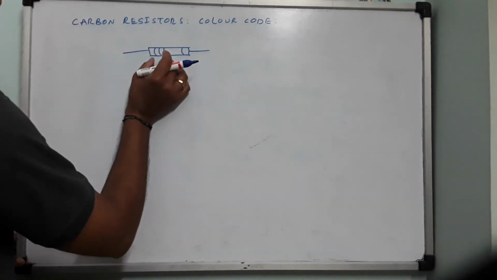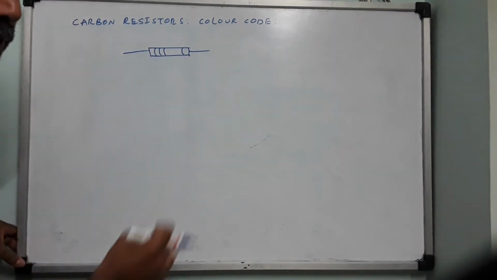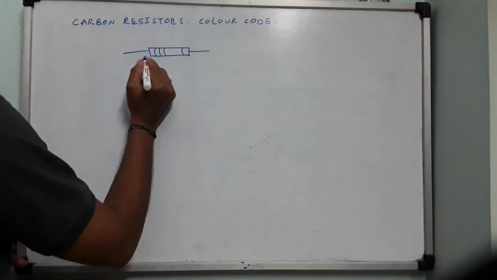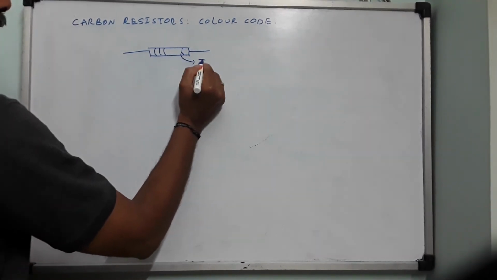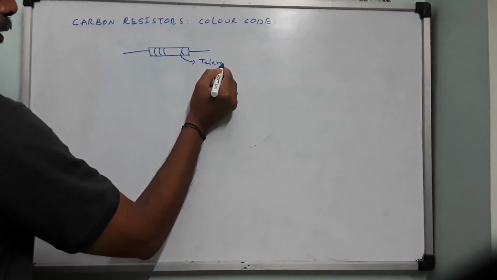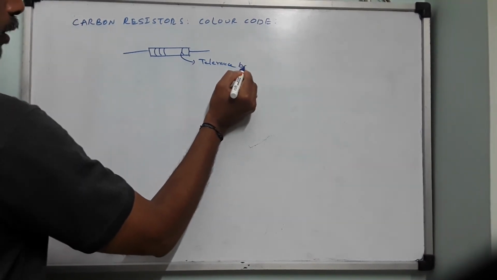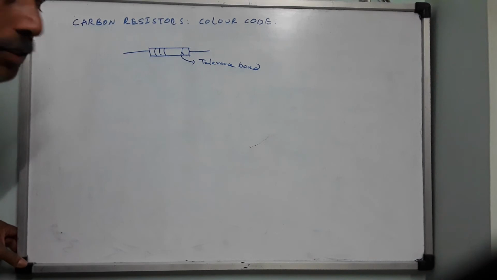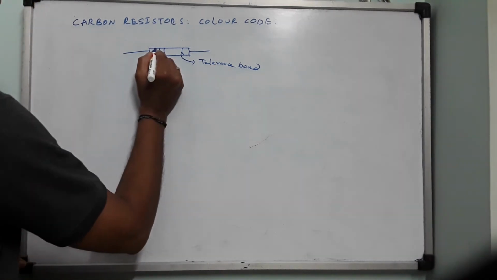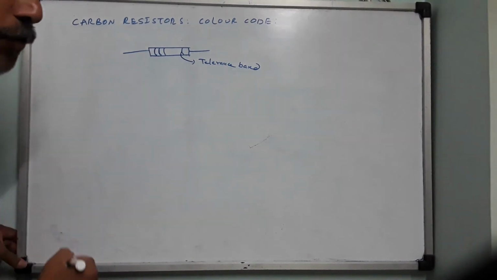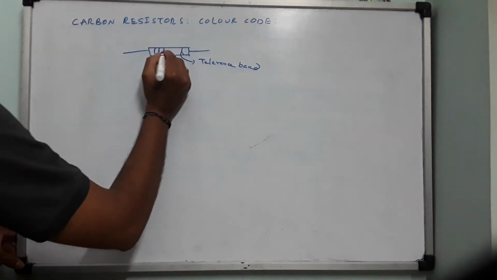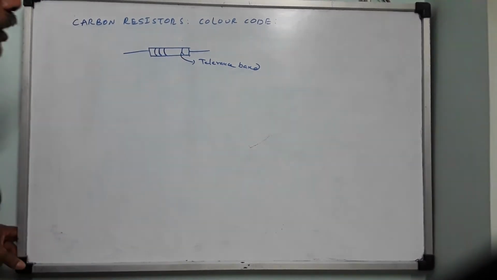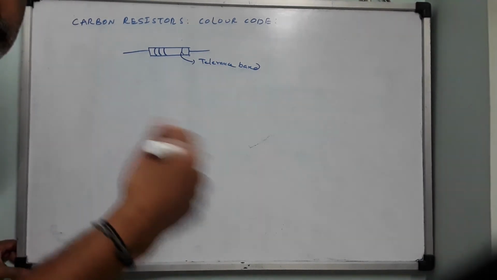So these three rings are very close to each other. The fourth ring will be far away. These three will give rise to resistance and this will give rise to tolerance. This is called tolerance band. First two colors will give the significant figures of the resistance value. The third color will indicate the decimal multiplier, 10 power something.